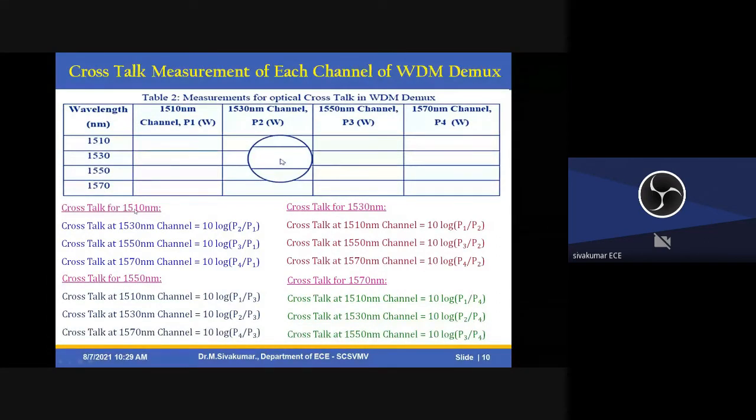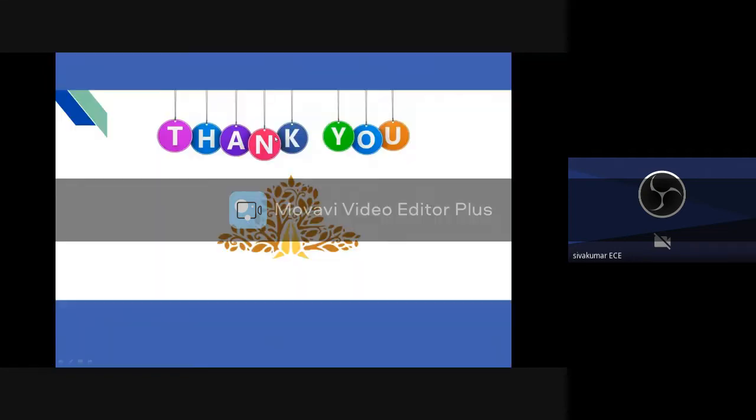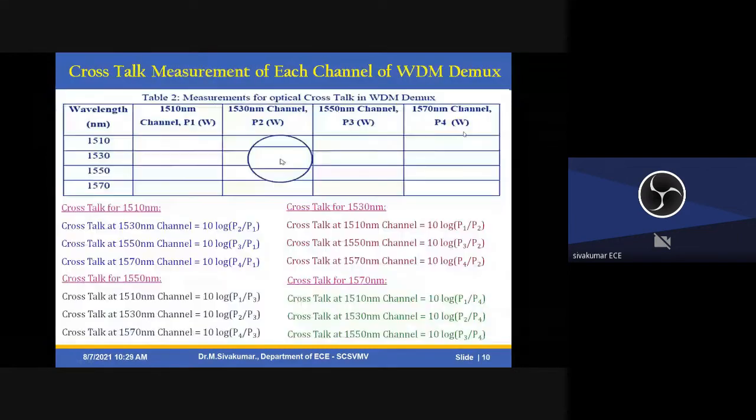If you want to find the crosstalk for 1510 nanometer in this table, the input power is your 210. For 1530, the power is calculated by using the formula P2 by P1. For example, we are getting 21 nanowatts divided by your 210 watts. Based on that, you calculate this crosstalk.